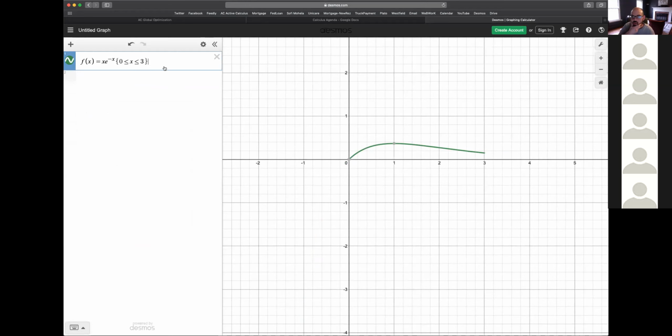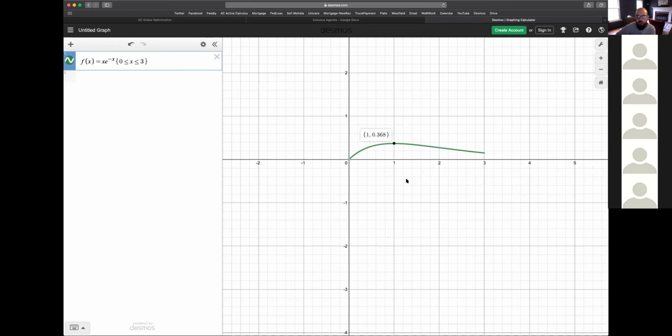If we take a look at this, what you should be finding when you take the derivative is that you get a critical point at 1.